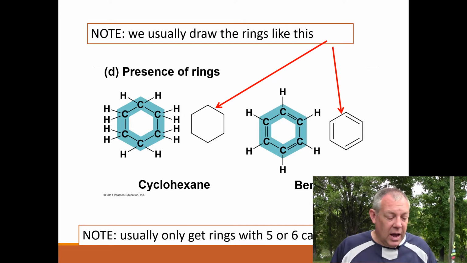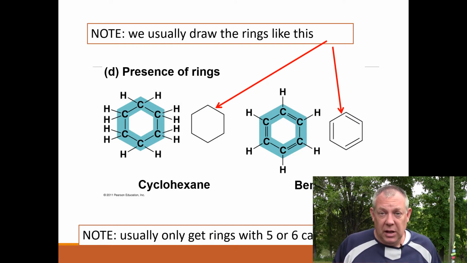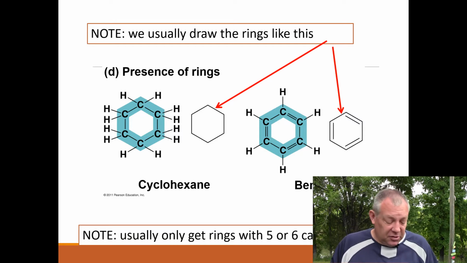It's always like that. So if you just draw a ring, then immediately from that ring, you know how many carbons you've got, you know how many hydrogens you've got. If you've got double bonds within the ring, you've drawn double lines, and in the benzene on the right, these double lines indicate where the double bonds are. So you've probably seen this before. You're going to see it a million times in this class. That's all it is, just a carbon ring.